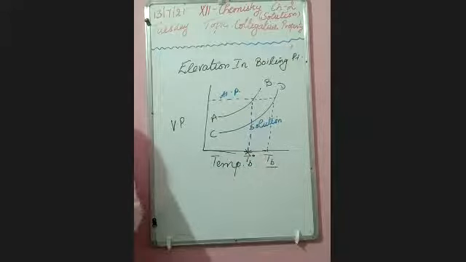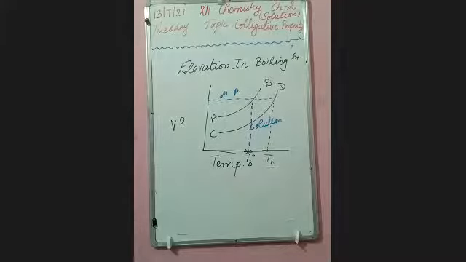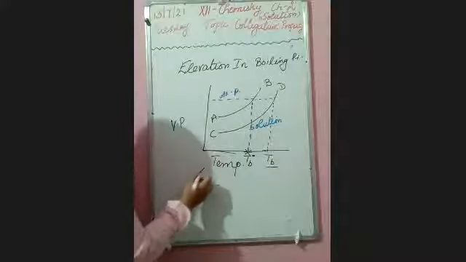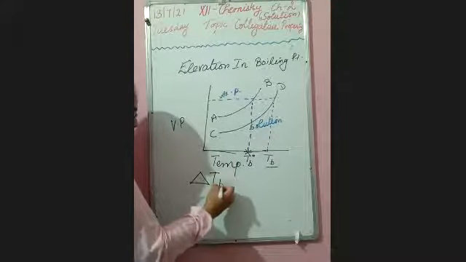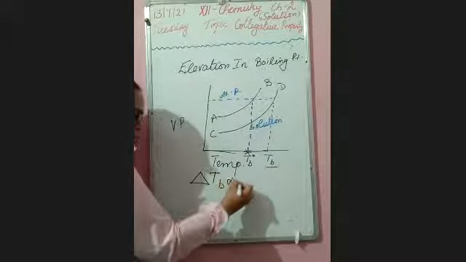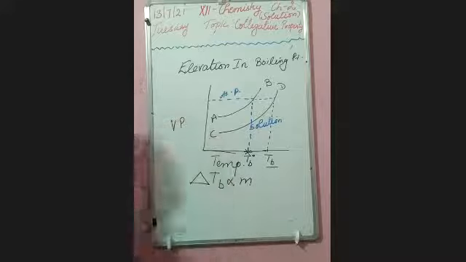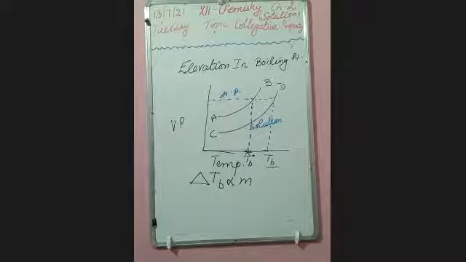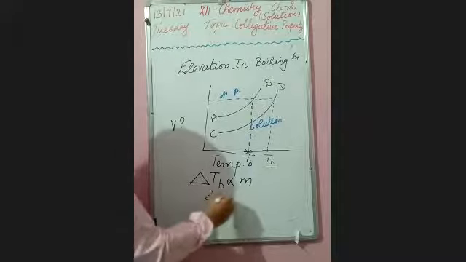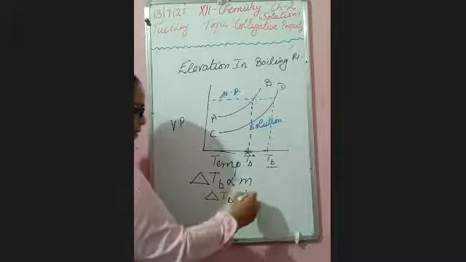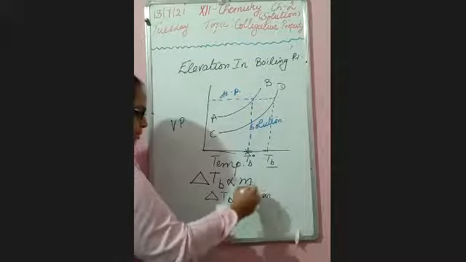Okay. Now, the elevation in boiling point depends upon the concentration of the solute in a solution. And it is related as delta Tb is directly proportional to molality. Okay. Now, for this, we will add Kb into m.